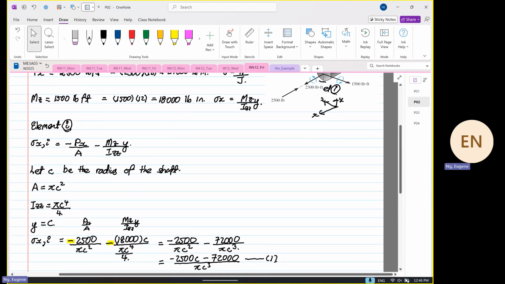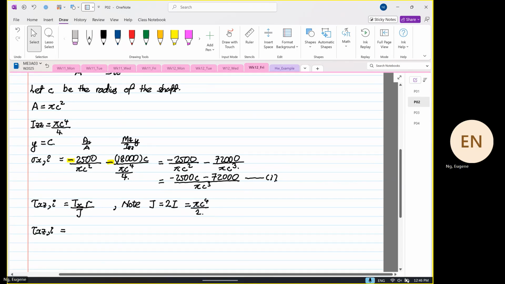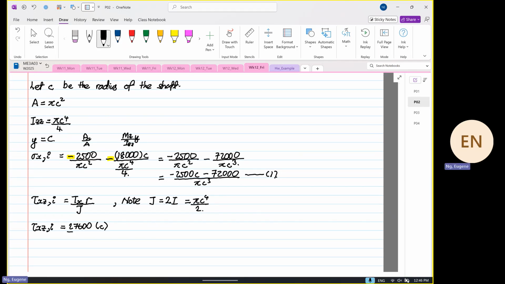From here, immediately, we can get our shear. The torque is 27,600, then the radius is C, and J is pi C to the power 4 over 2. So this will be equal to 27,600 times 2, which is 55,200, over pi C cubed.